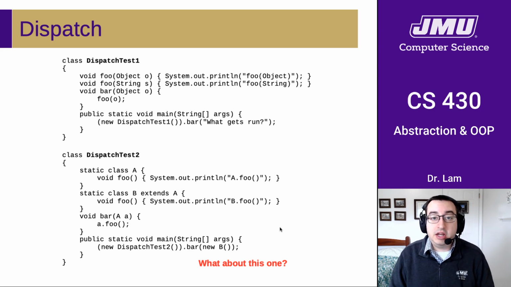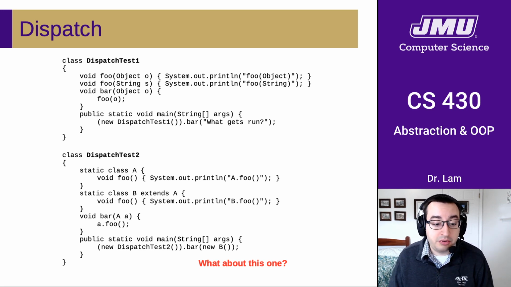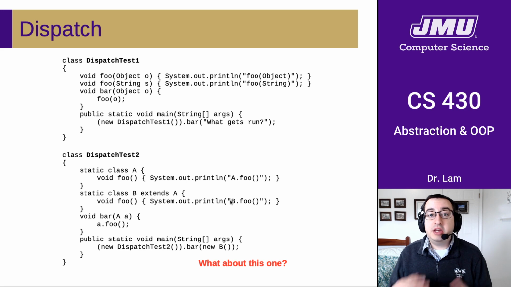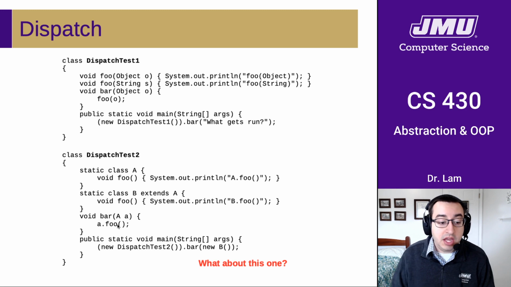Again, take a minute and think about what you think this will print, and maybe go run the example and then come back. If you do that, you'll find that this example prints b.foo. This is because Java supports dynamic dispatch. Here, all we know about a is that it is an A at this point, but because Java supports dynamic dispatch for class methods, it will choose which foo is run at runtime based on what this little a actually is.